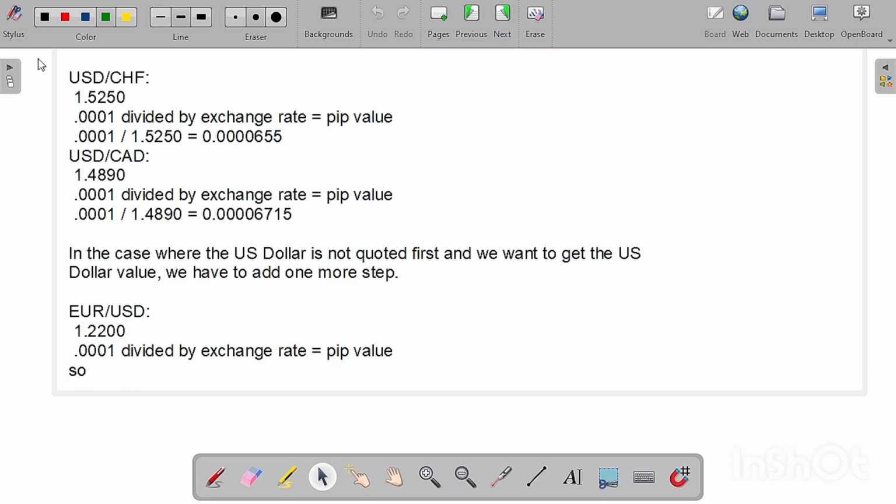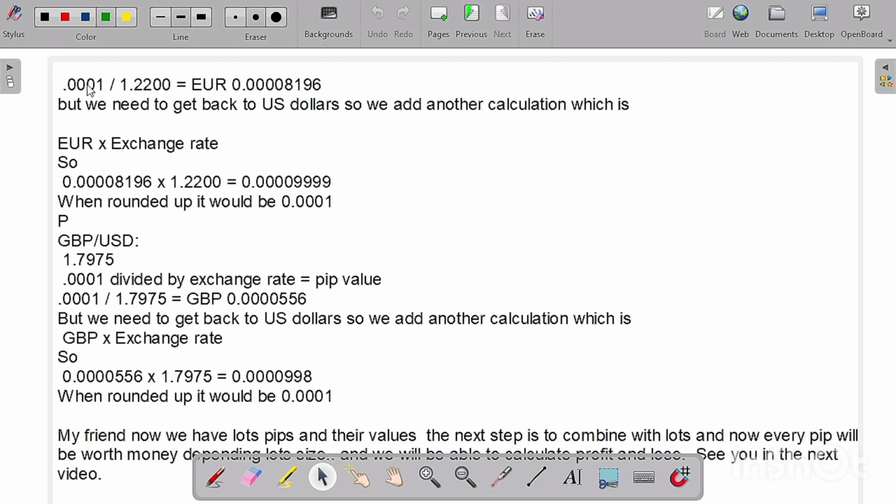Now we take the decimal places and divide by the rate. This is the number that we'll get, which using your own calculator, as I've been repeating, is 8.196 and a lot of numbers. But we need to get back to US dollars, so we add another calculation, which is euro multiplied by the exchange rate.